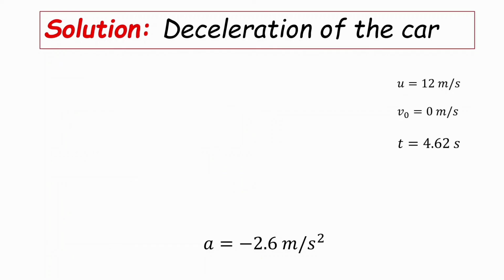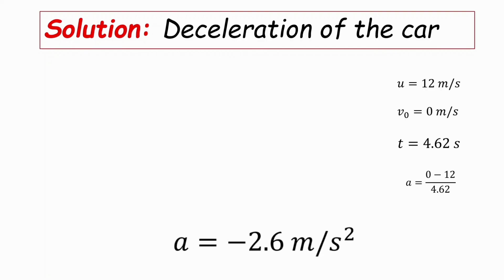Let's use another instance, considering when the car started moving from 12 meters per second to when it came to rest. We calculated that time to be 4.62 seconds. If we put all this into the equation, we can quickly calculate our acceleration as well to be minus 2.6 meters per second squared. So regardless of the scenario, you see that there are a lot of possibilities, but you always arrive at the correct answer.